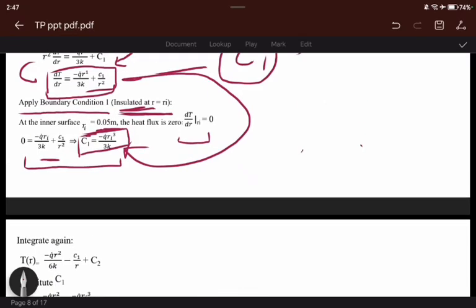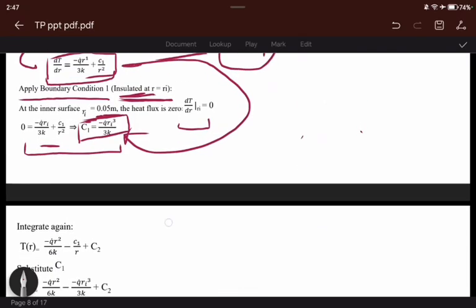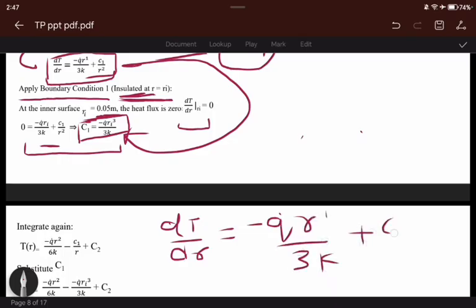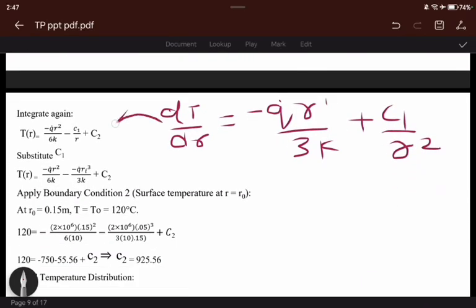So now again we have dt by dr equal to minus q r by 3k plus c1 by r square. Now we integrate this equation again and we will get our equation, that is T as a function of radius r, equal to minus q r square by 6k minus c1 constant divided by r plus c2, that is another constant we will get by the integration.